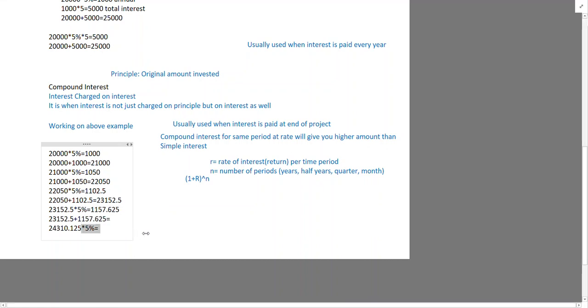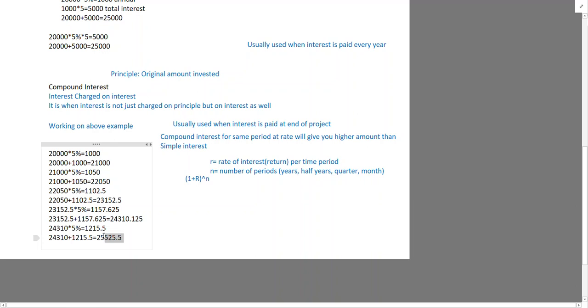So our final amount after 5 years becomes 25,525.